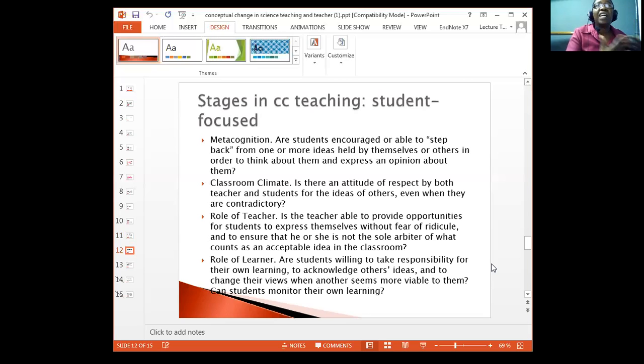We could also have some audio tapes or videos, depending on what our resources are like, and give students time to just immerse themselves in these activities. And we don't have to say very much, right? But the point is that we have to give them time to think about the ideas and to look at the competing ideas, right? So you present them with the information and allow them to sift through it, right?